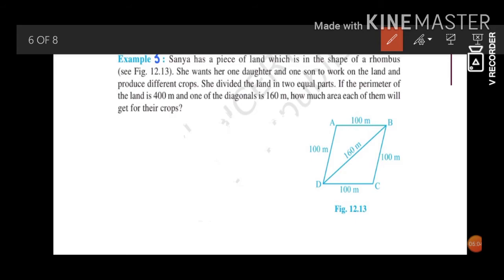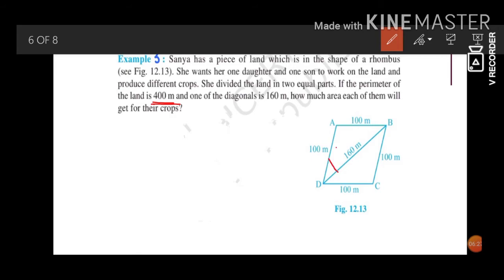Since it is a rhombus and the total perimeter is given, in a quadrilateral like a rhombus we have 4 sides, and the sides are equal, so we will divide it by 4. We will get 100 meter as each side, and one diagonal is given, so we will get 2 different triangles.